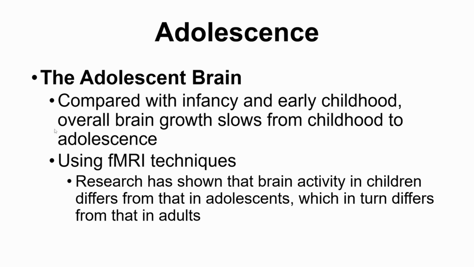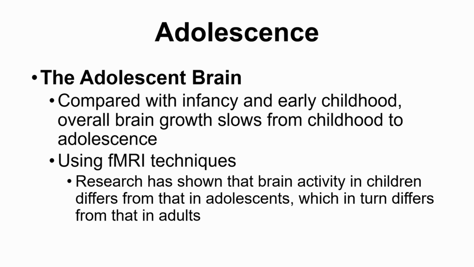But if we look at our brains by this stage, our brains have basically matured. We're almost at full adult size, full adult density, things like that. But there are still differences in activation, and there are still going to be more connections formed, of course, because we're having more and more experiences as we get older. So the growth overall has slowed down, where there's very little change in terms of size and number of cells from here onward.